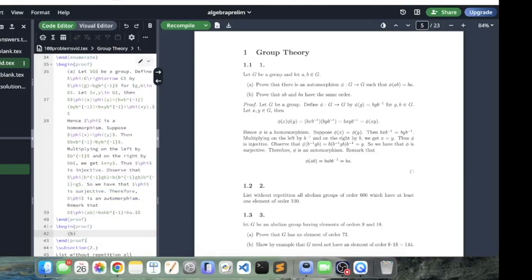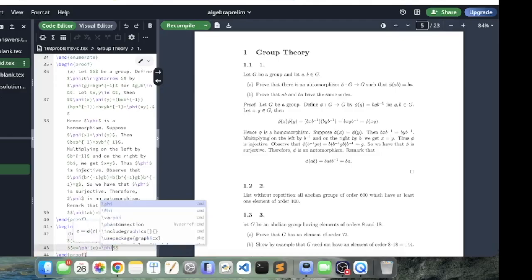Prove that AB and BA have the same order. Okay, I'm going to use what I learned in A. Let the order of AB equal n, then (AB) to the n is equal to E. So we have that the identity is equal to phi of the identity, which is equal to phi of (AB) to the n.